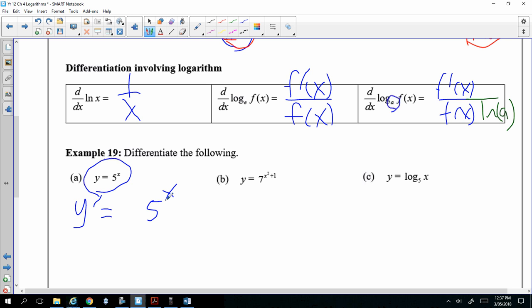All right, next one, differentiate the next one. Same thing, you just differentiate it as if it's exponential. So you differentiate this, which is 2x times 7 to the power x squared plus 1. But because it's 7, you have to times by ln 7. That's the only extra thing you have to add.